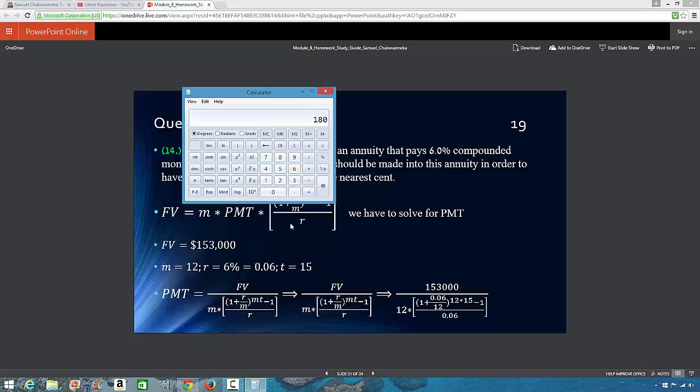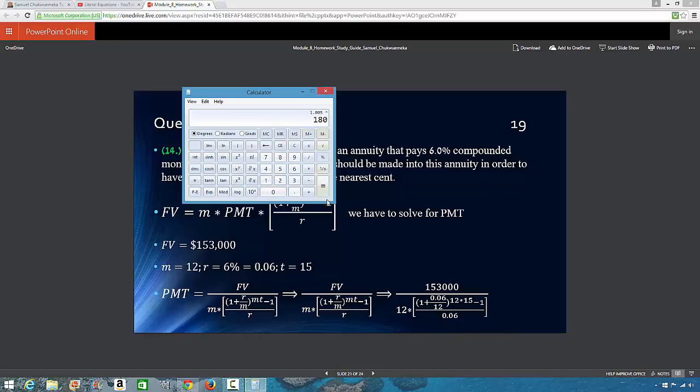on order of operations. 0.06 divided by 12 equal to plus 1 equal to exponent, okay, raised to power 180. Please don't do raised to power 12 times 15. Please don't do that.